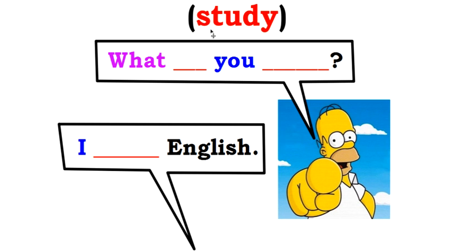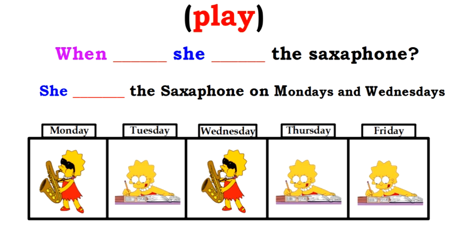Okay, now the verb study. For example, what do you study? What do you study? And the answer, I study English. Very good. Okay, one more with the verb play.